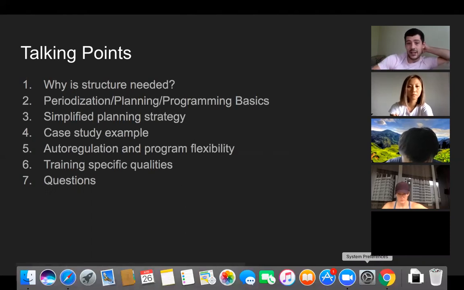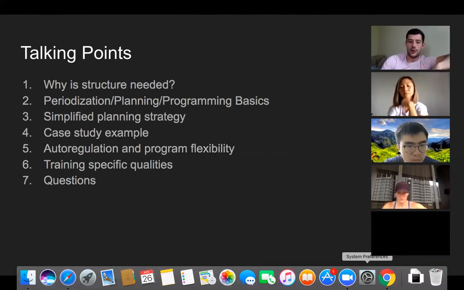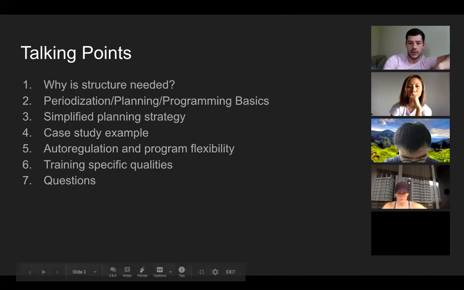You don't have to stick to the program exactly the entire time; you need to go with the flow a little and see how you feel. Then we'll talk about developing specific fitness qualities: strength, power, muscle gain, endurance, etc. Then I'll give you a chance to ask questions at the end. Does that make sense?